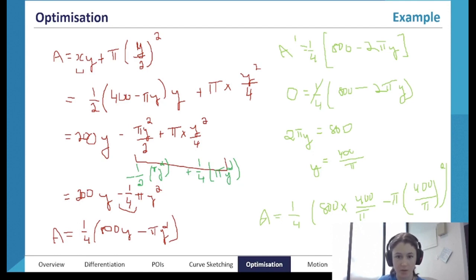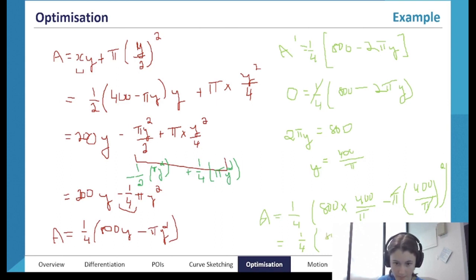So now we need to simplify this. Of course, these two pi's are going to cancel out. So we're going to be left with a quarter outside of 800 times 400 on pi.